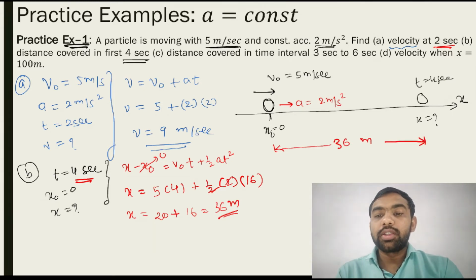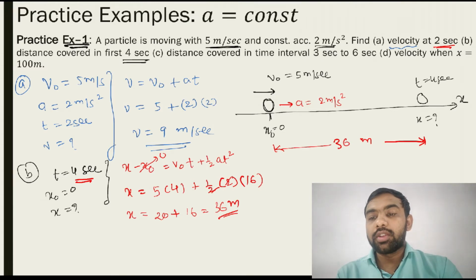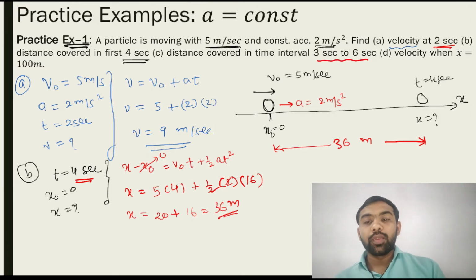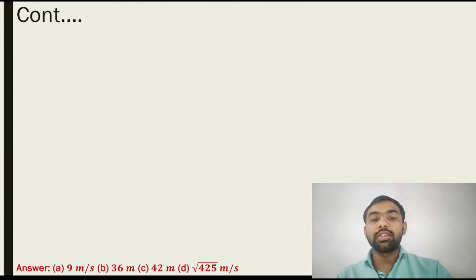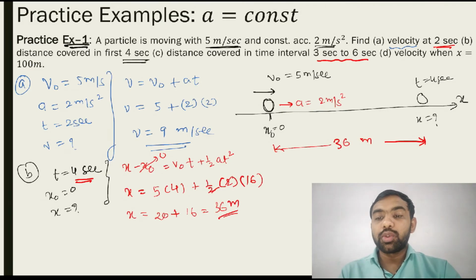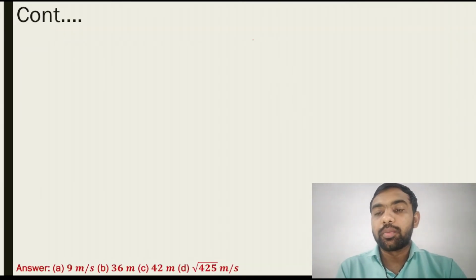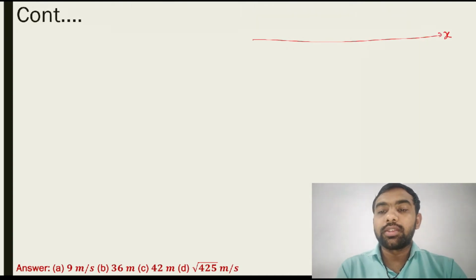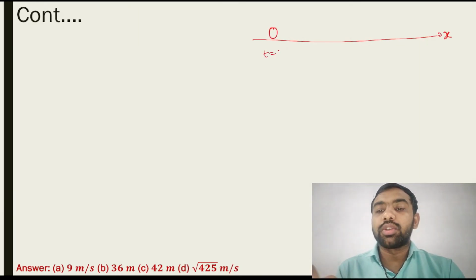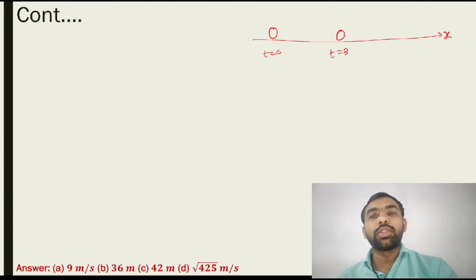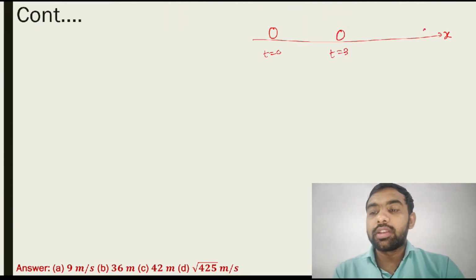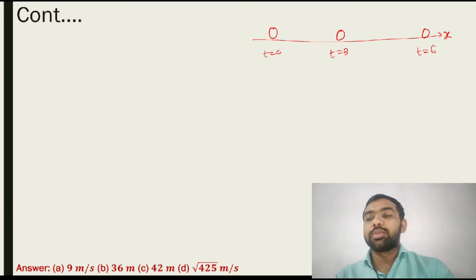Now see, distance covered in the time interval 3 seconds to 6 seconds. Draw the same situation again. Suppose on the x-axis at t is equal to 0, the object is somewhere here. At t is equal to 3 seconds, the object is somewhere here. At t is equal to 6 seconds, the object is somewhere here.